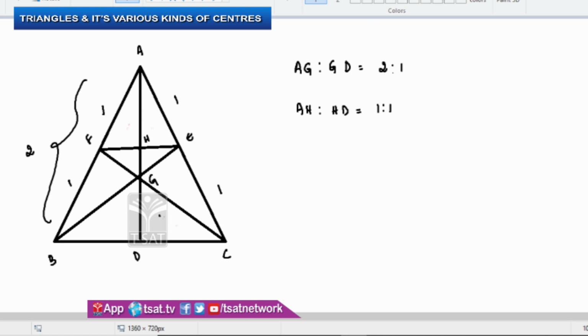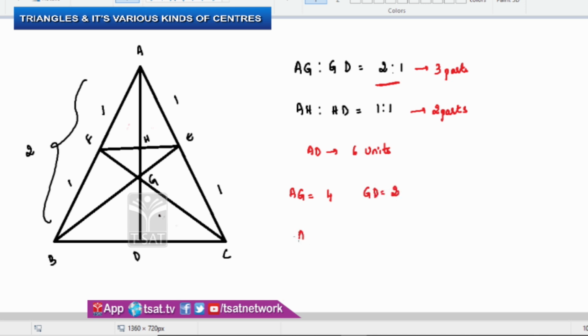So, totally how many parts are there? Here there are 3 parts, here there are 2 parts. So, take a value which is divisible by both 3 and 2. I am taking AD equal to 6 units. I am dividing AD in the ratio 2:1. Therefore, AG is 2/3 of 6, which is 4, and GD is 2 units.